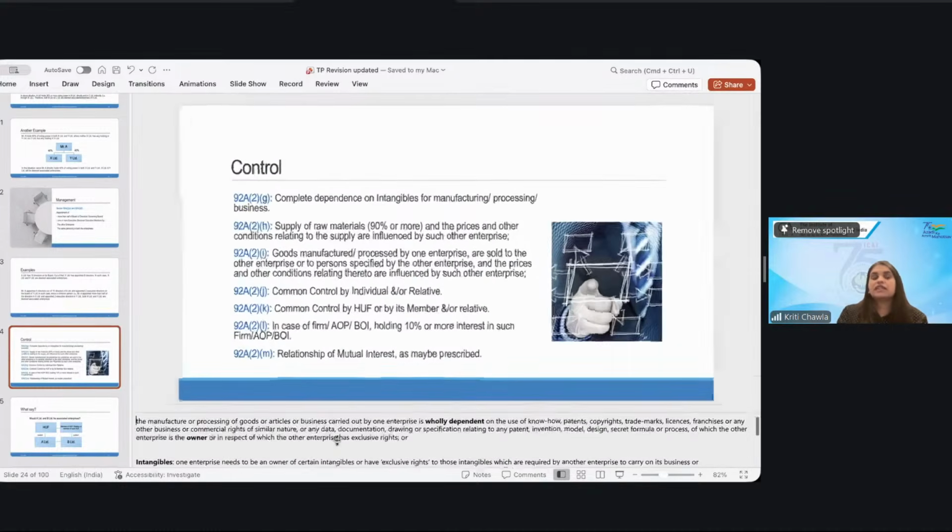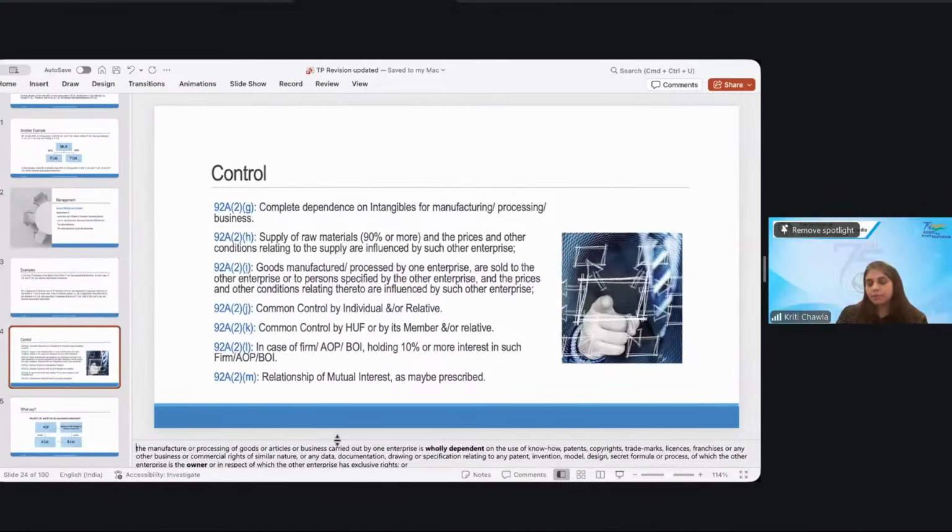So if one entity is dependent completely, 100%, on intangibles for their manufacturing, then two enterprises will be associated to each other. But for this, what you have to remember is that the other enterprise has exclusivity, is the owner, or they have exclusive rights on that particular intangible.